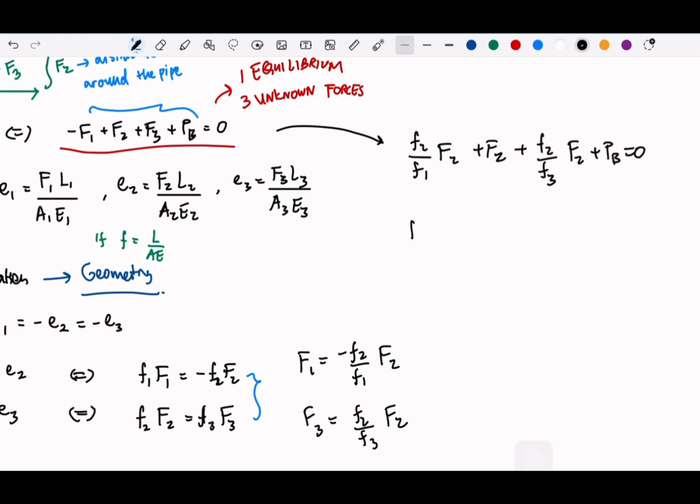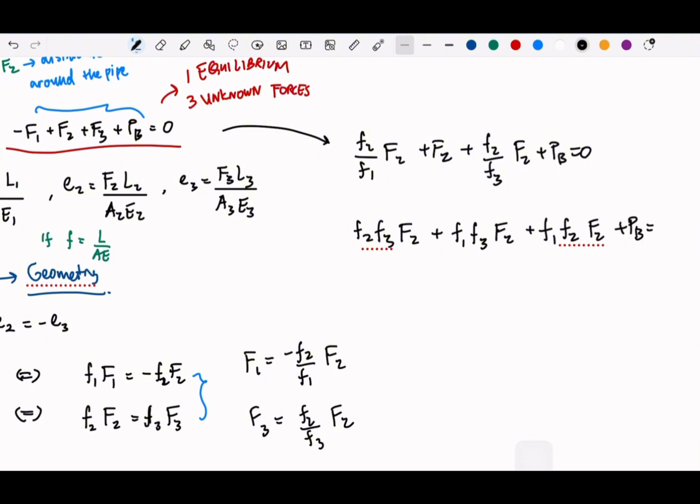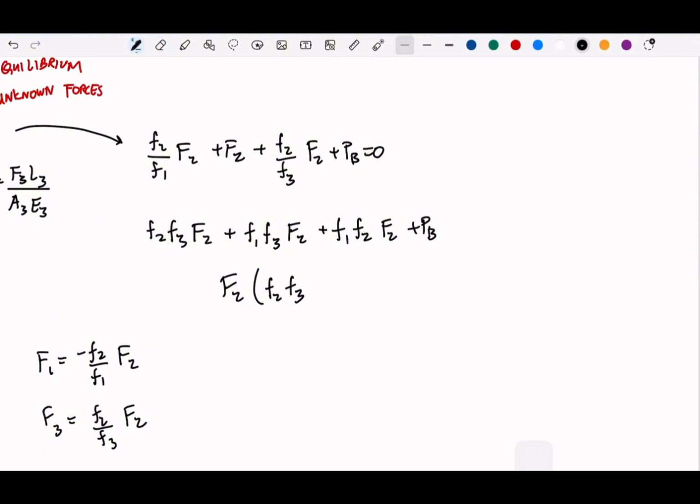So F2 is, oh sorry, this should be F1, F3 plus F1, F3 plus F1, F2, okay, and then equal to negative PB F1, F3.